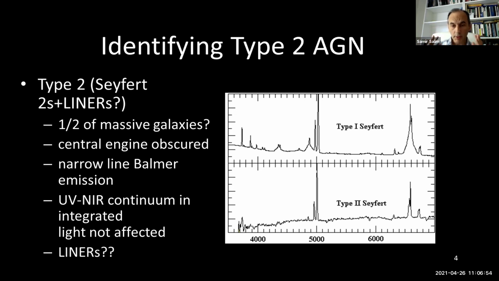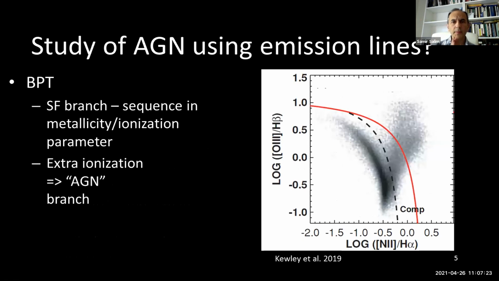So the continuum should be intact, which allows us to study the characteristics of these galaxies in terms of the star formation and stellar masses and other things that we can obtain from studying the continuum. Now, as I mentioned, LINERs that belong broadly in this category have been debated in terms of whether they are powered by AGN, by the accretion onto a supermassive black hole, or something else. So I'll come back to that later.